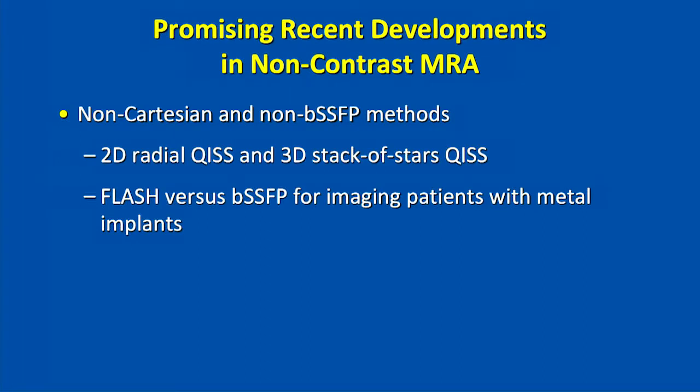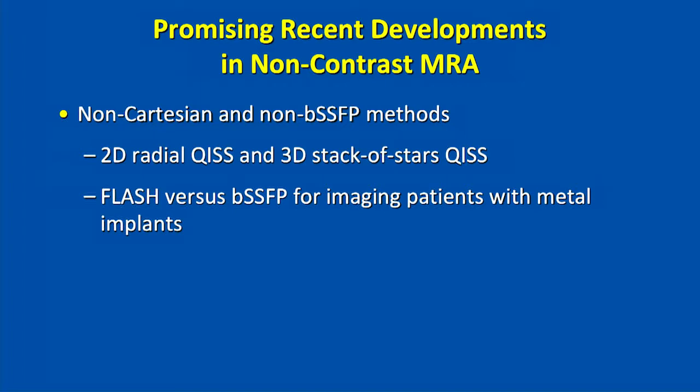So one potential new development is the use of non-Cartesian sampling and non-balanced steady-state free precession imaging sequences, in particular 2D radial KISS and 3D Stack-of-Stars KISS shows substantial potential here.